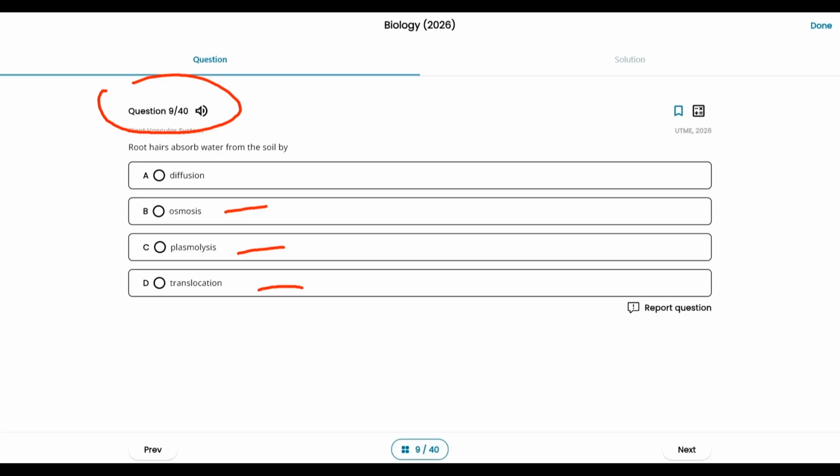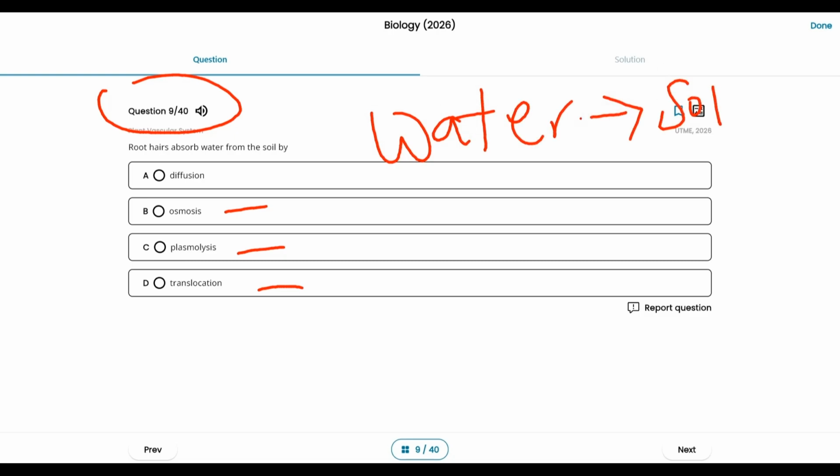Root hair absorb water. Please, the keyword here is water, which is a solvent. This is a very common JAMB question.